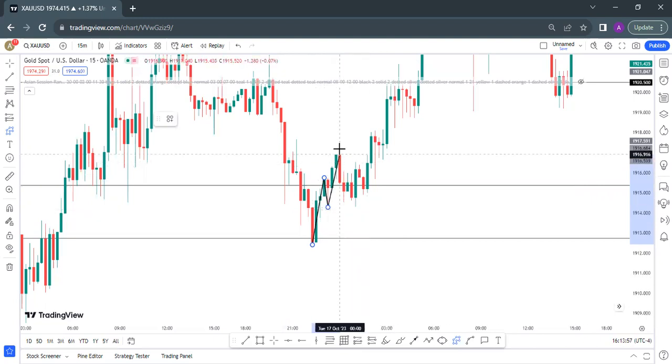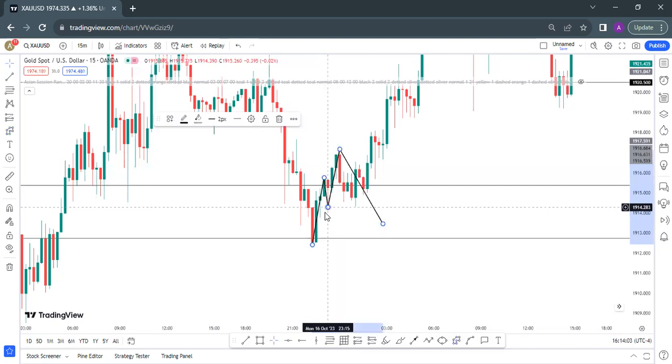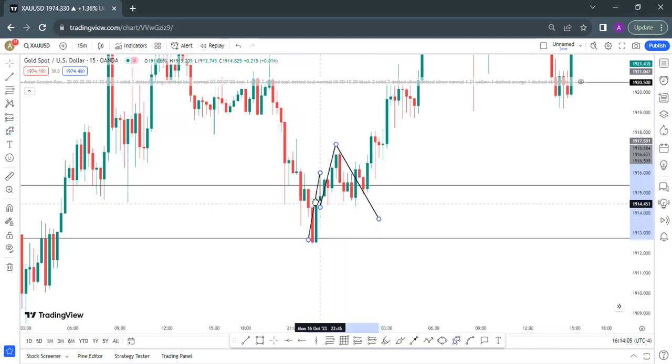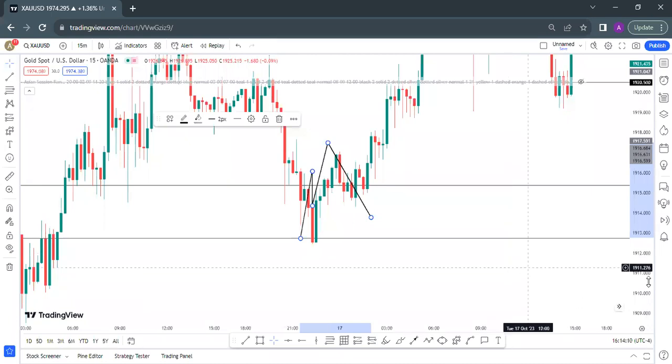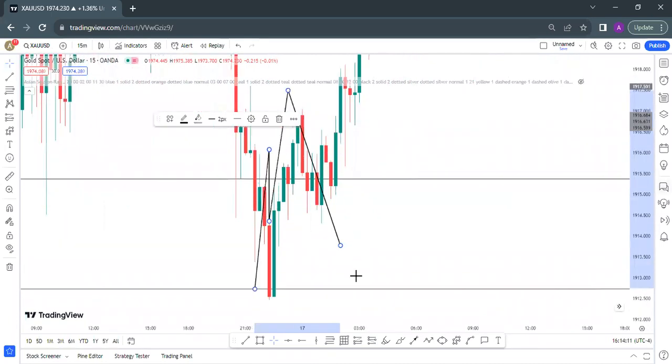Let me be sure that it swept this low. If it sweeps that low, then that means we have a valid high. Yeah, so it swept that low.